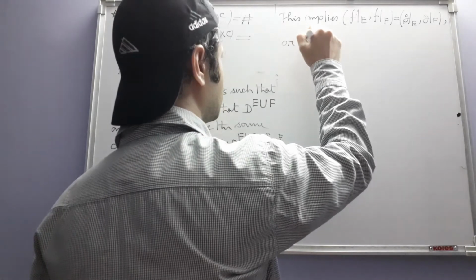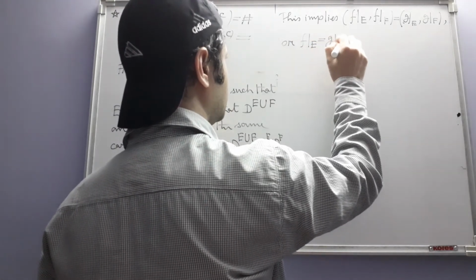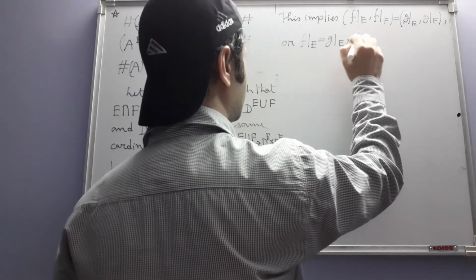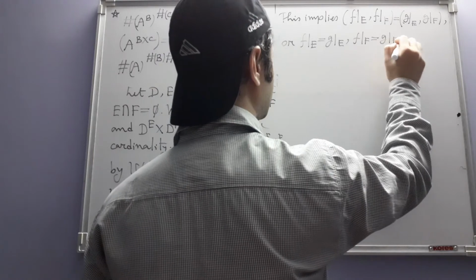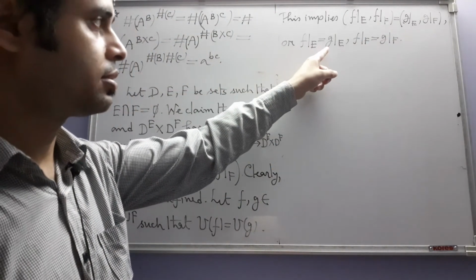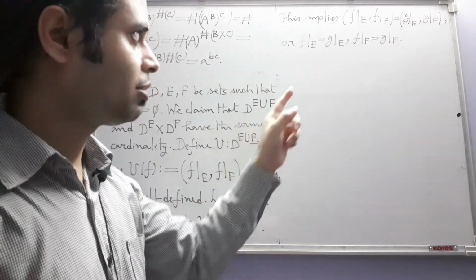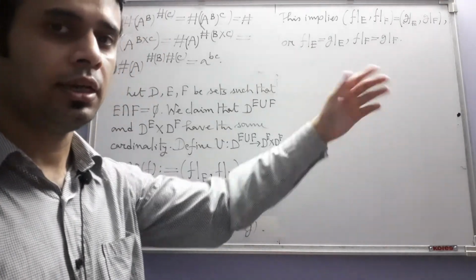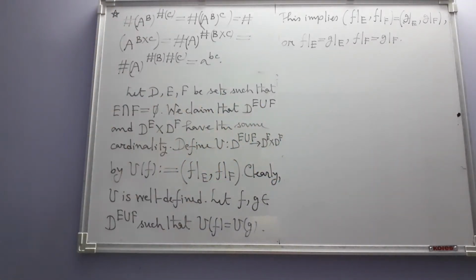So this will be equal to g restricted to E and this will be equal to g restricted to f. That means the functions f and g agree on the subset E. Also, they agree on the subset f. So that means they agree on the whole set E union f.